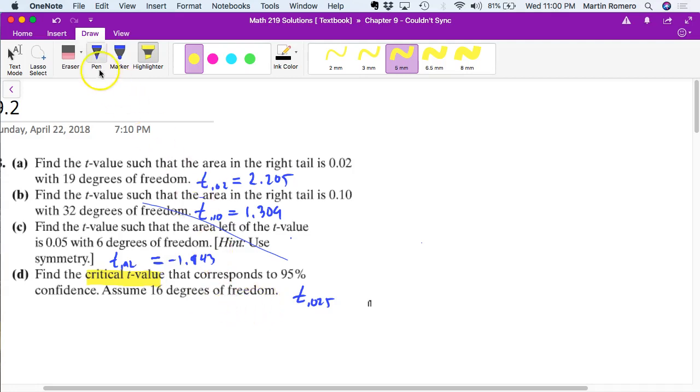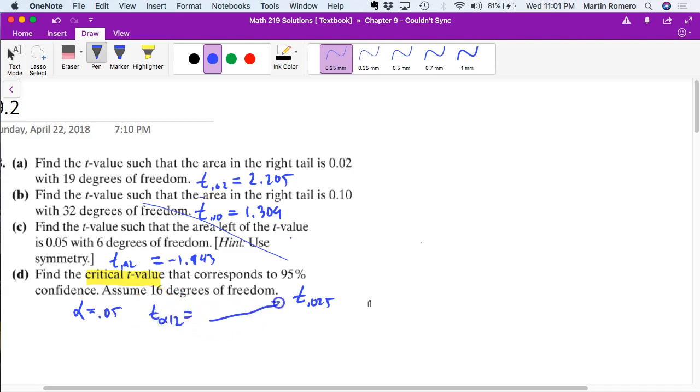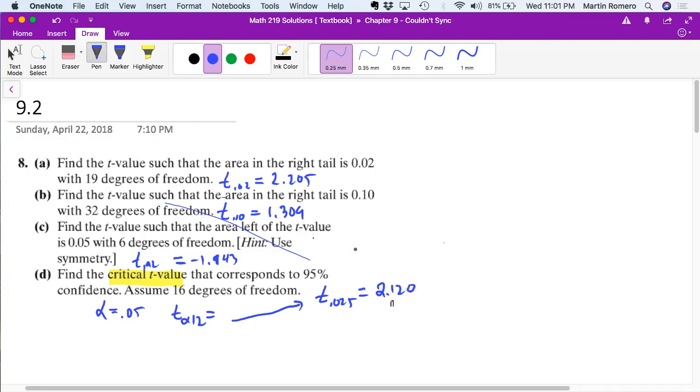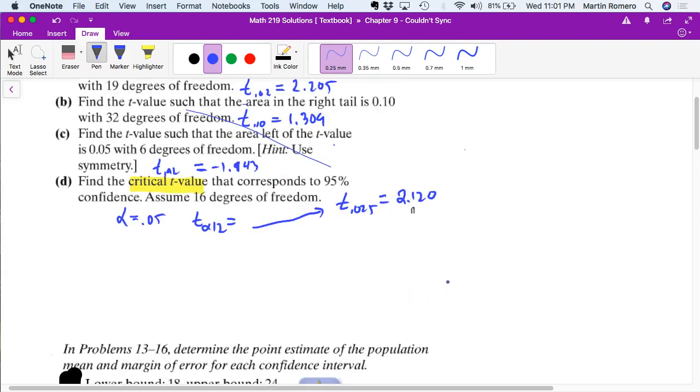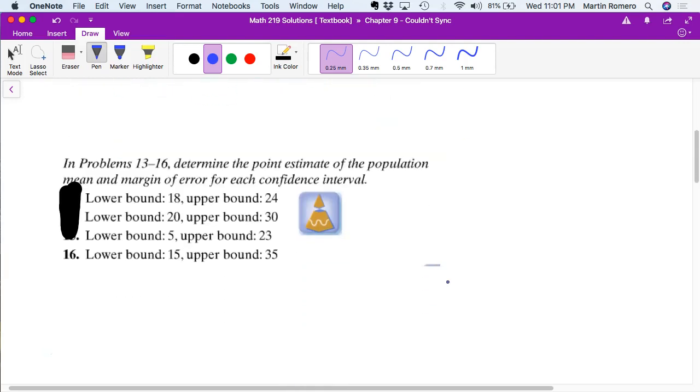So you have alpha equals 0.05, and the critical value is t alpha over 2, so that's why we're calculating that. If you use your calculator, you should get 2.120. That's problem number 8.